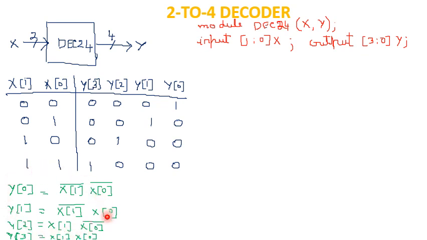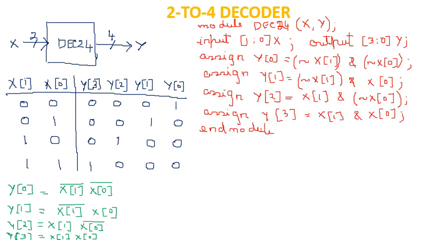These expressions I will write in Verilog for realizing this decoder function. So this is the program for the 2 to 4 decoder using these expressions. I have just written it in Verilog syntax. Y0 is not of x1 and not of x0, and similarly y1, y2 and y3. This forms the program for realizing the 2 to 4 decoder.